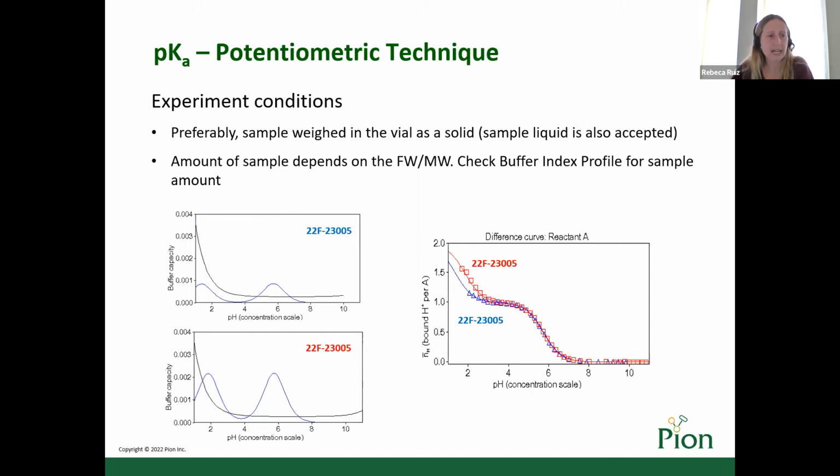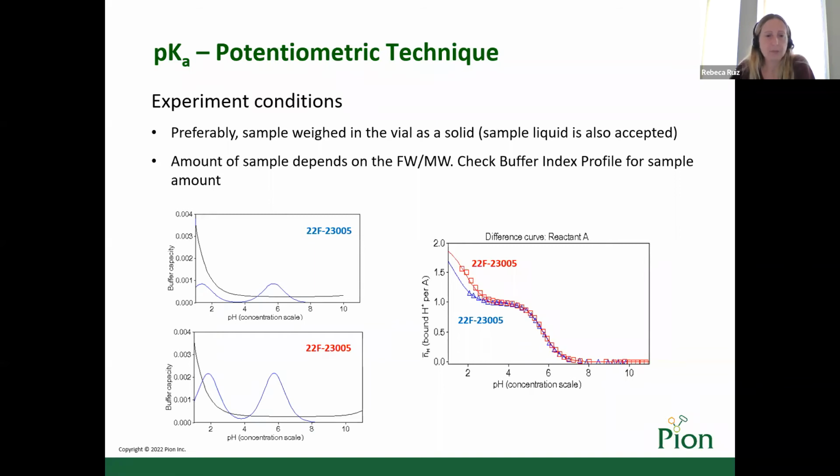In this slide, I have an example of a sample with two pKa's. The second pKa, the blue file, you can see that is well defined because the sample is over the buffer capacity of the media.